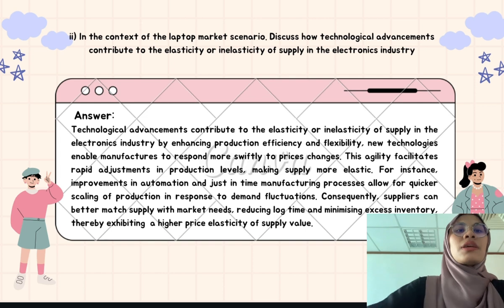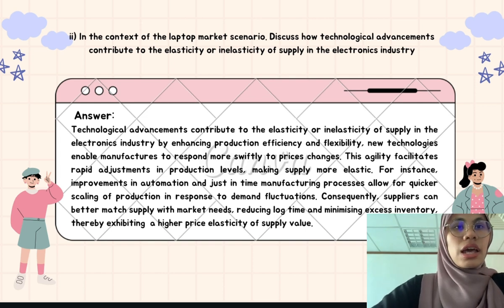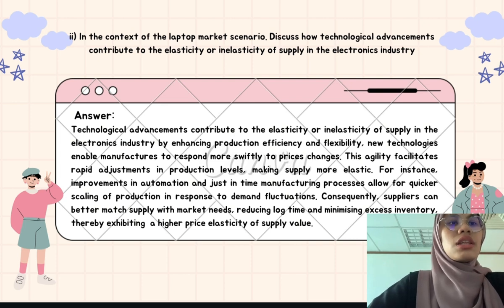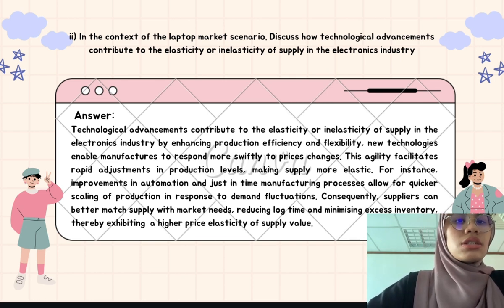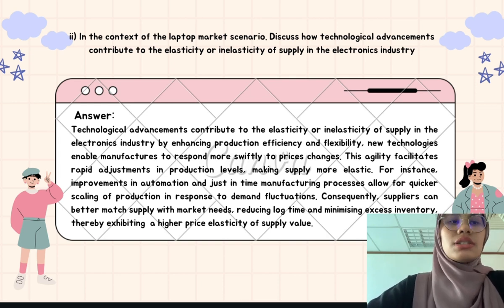The answer is, technological advancement contributes by enhancing production efficiency and flexibility. New technologies enable manufacturers to respond more swiftly to price changes. This agility facilitates rapid adjustment in production levels, making supply more elastic.